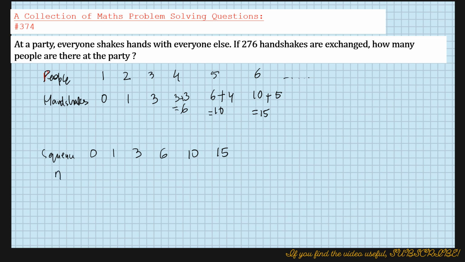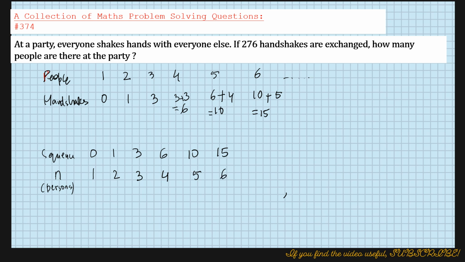And n is the term number. If there's 1 person, there's 0 handshakes. So n is the number of people, and n is 1, and then 2, and 3, and 4, and 5, and 6.